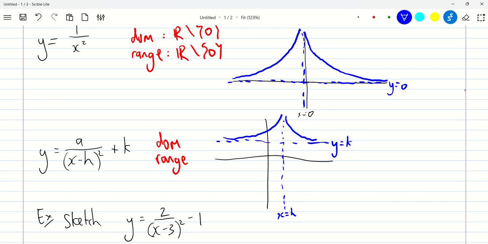That's what it would look like if a is greater than 0. So if a is positive, you get it looking like that. If a is negative, then you get a flip, just like with our good friend the hyperbola.